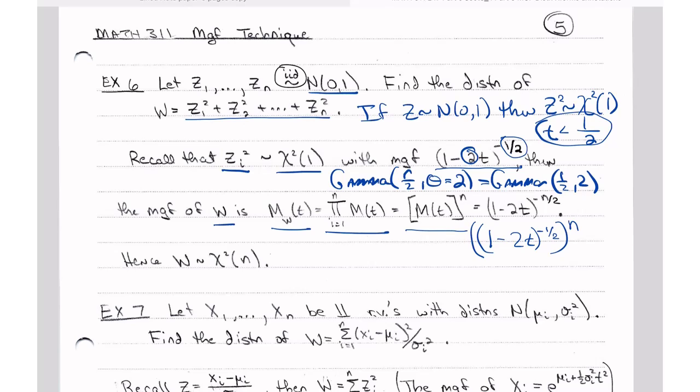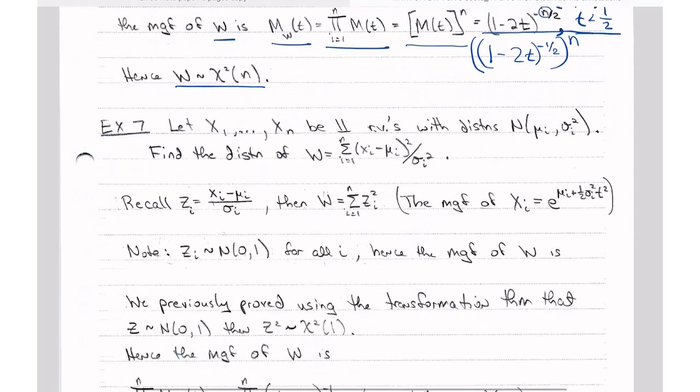So we multiply exponents and we get (1 minus 2t) raised to the negative n over 2, and t is less than 1/2 for our MGF. And this is the MGF of a gamma distribution. In fact, it's the MGF of a chi-squared distribution with n degrees of freedom. So W is a chi-squared with n degrees of freedom.